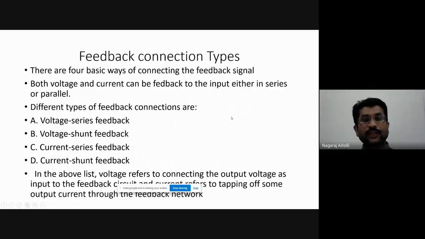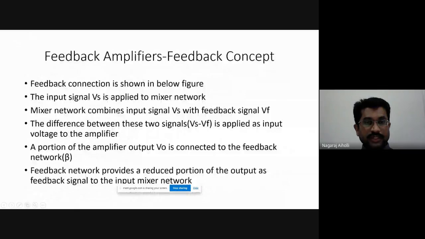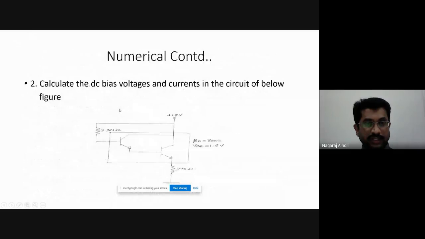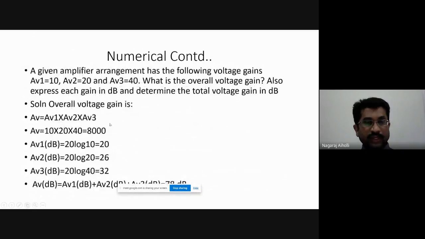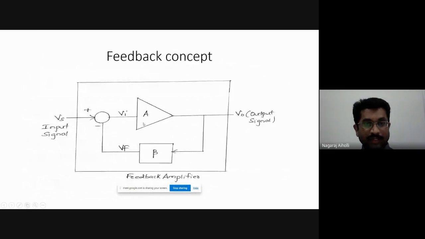Hope you all understood today's topic, students. Any difficulty? Today we discussed the numerical on the Darlington connection and one numerical on the cascaded amplifier. Then we started the new topic, the feedback concept.